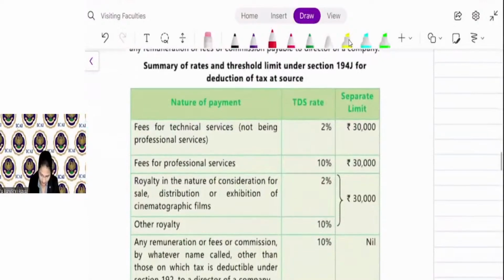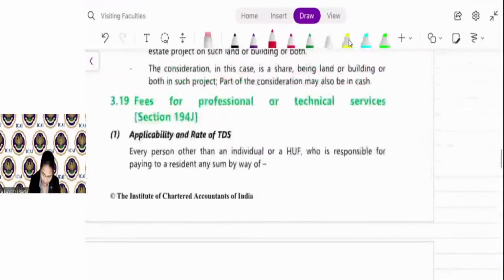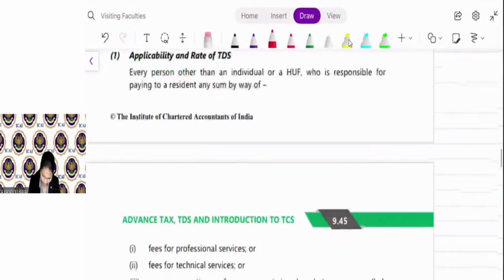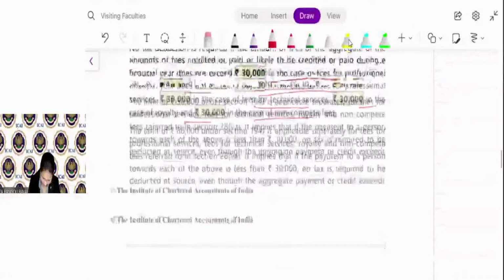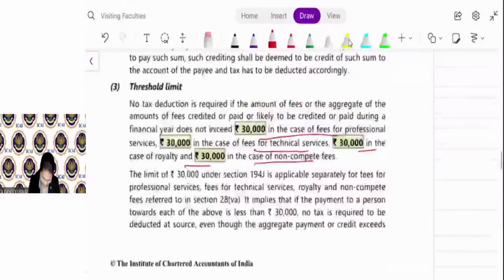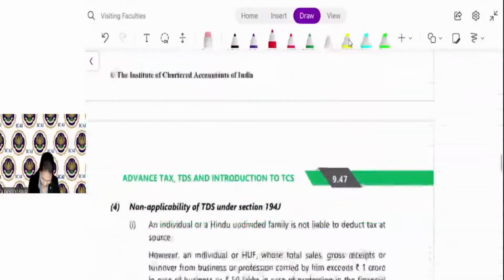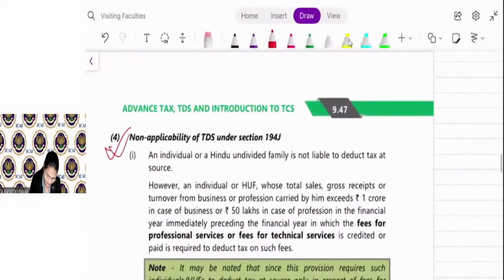So the summary is given. Mohammed, it is mentioned here that in non-applicability of section 194J, individual and HUF whose turnover in last year is more than 1 crore, then TDS is required to be deducted under 194G.